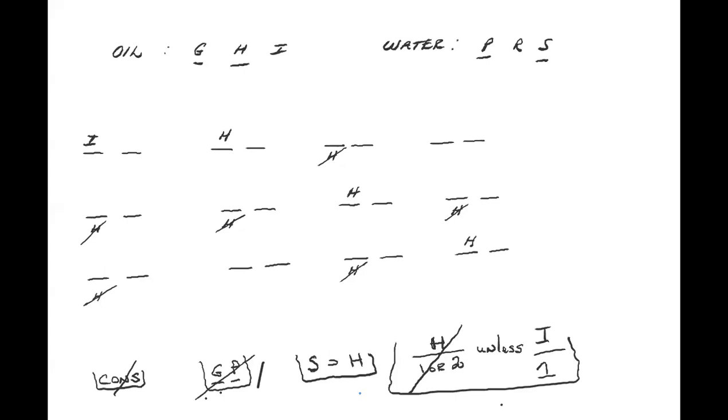So now look at this. That means S cannot be here. S cannot be here. S cannot be here. Any place where H is absent, S is absent. A lot of absences.